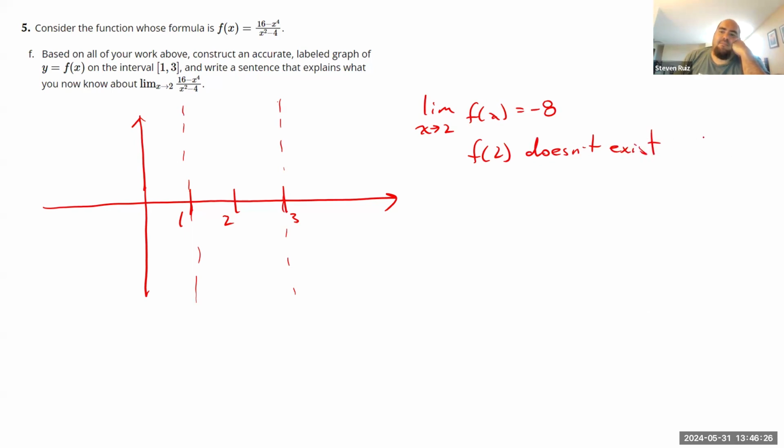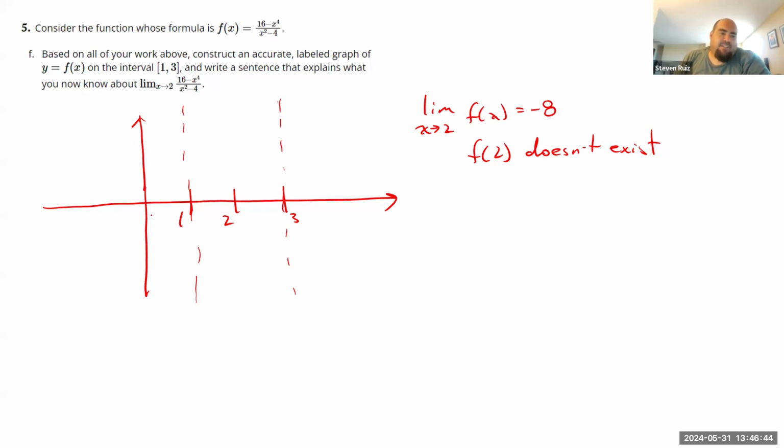And that's one of the key things to keep in mind about limits, is that the limit that your function has as it gets close to a point and the value your function has at that point don't necessarily have anything to do with each other. And this is one of those times.